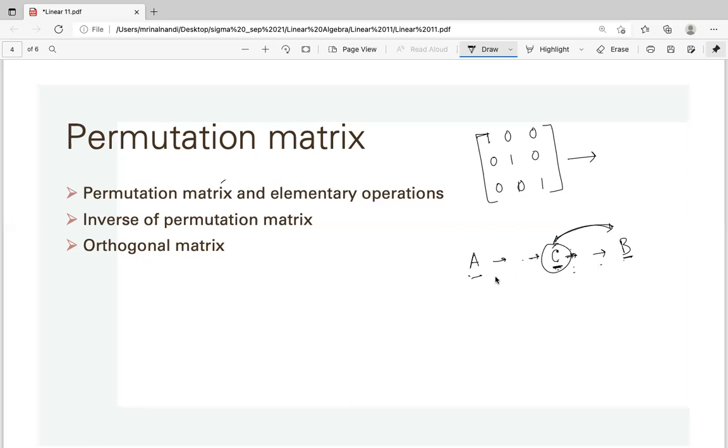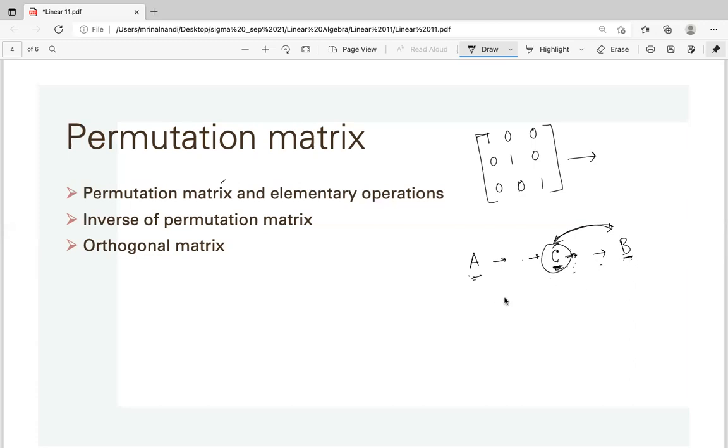From A you will get C; the determinants of A and C may not be the same, but C and B have the same determinant, or just a minus of that. And from C to B, using row interchange operations, you can reach B.